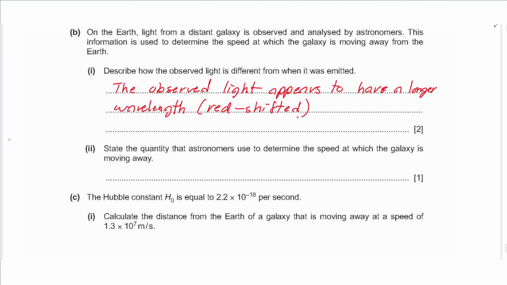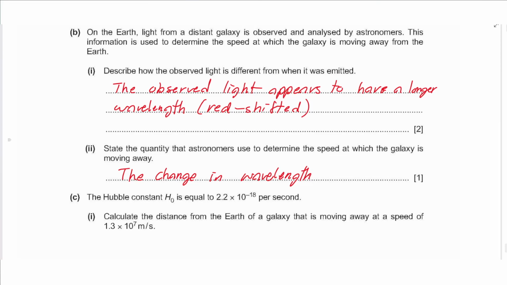And when it is blue shifted, that means that it is moving towards the observer. Part I says state the quantity that astronomers use to determine the speed at which the galaxy is moving away. The change in wavelength, since the change in wavelength is the indicator that an object is moving away or towards the observer.